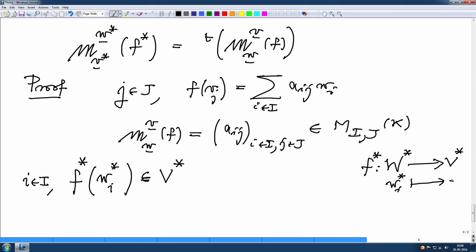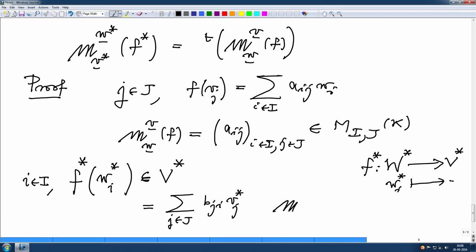So I want to write this in terms of the basis, j in J: summation of bji Vj star.